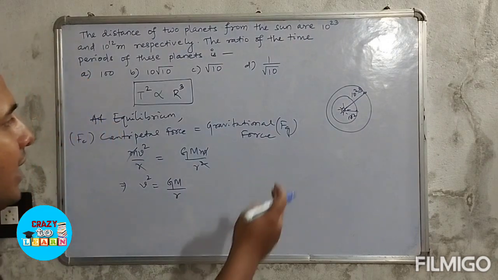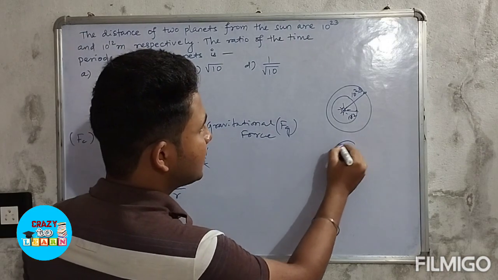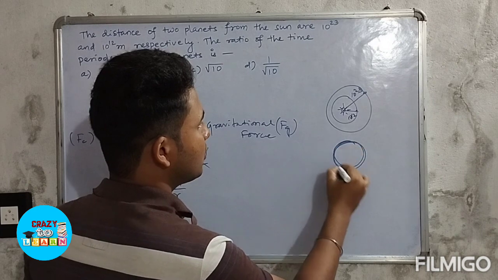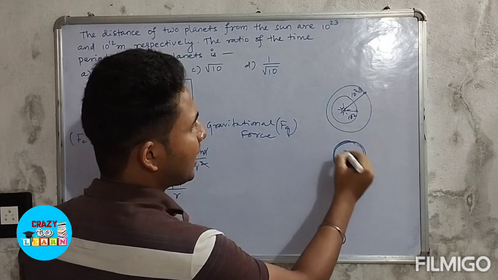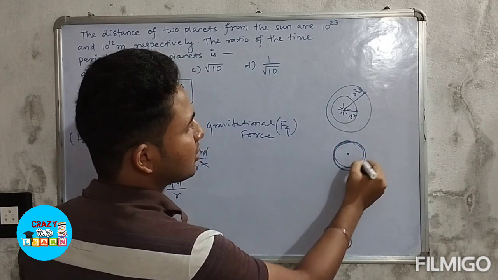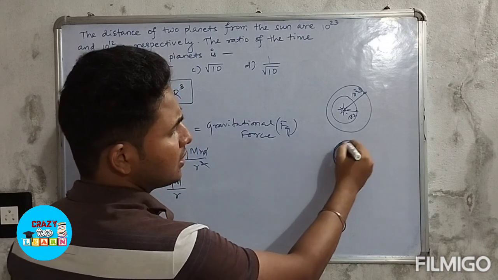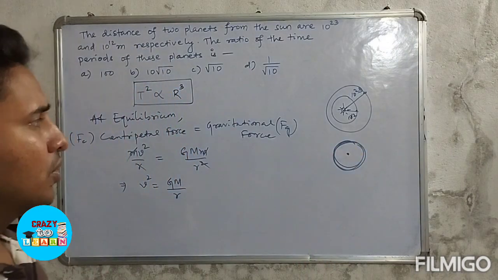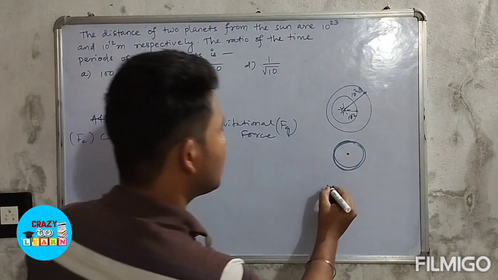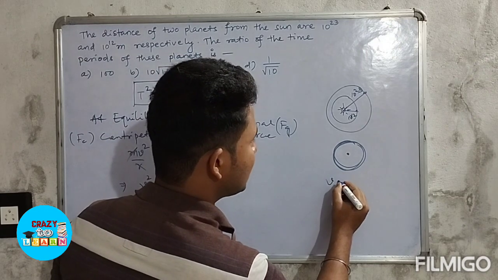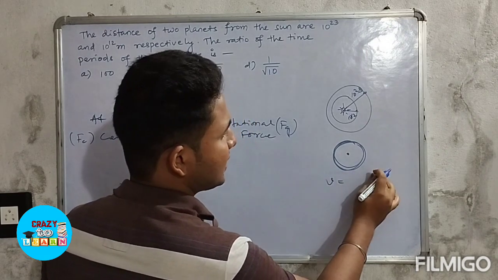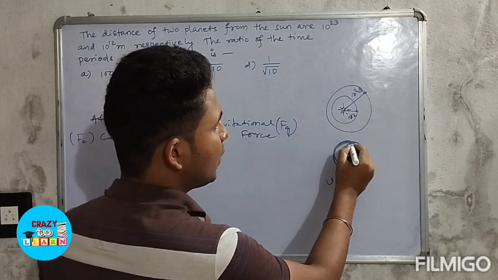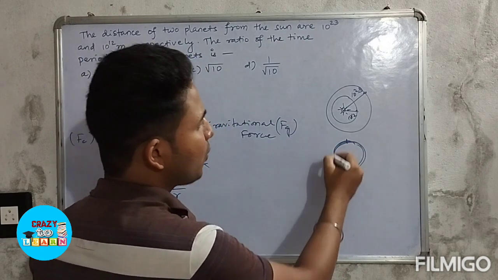Then again, when a planet is revolving around the sun in a circular orbit, we know the velocity is equal to distance traveled by time.